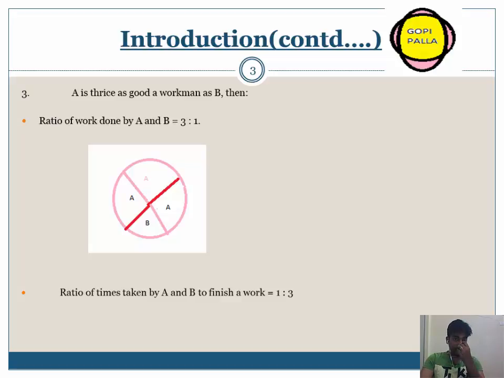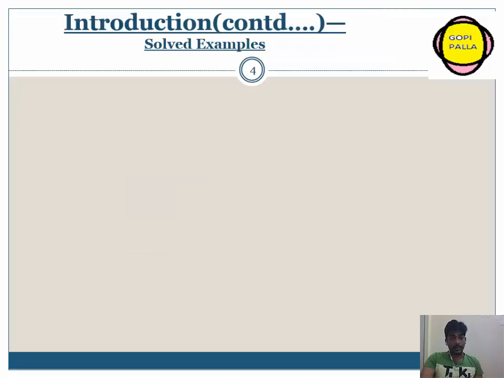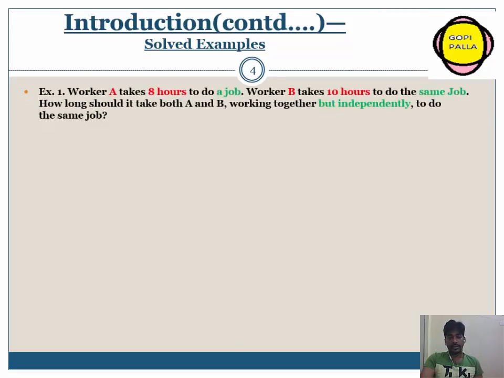The problems of time and work can be more easily understood by solved examples of R.S. Agarwal. I have taken the first example, which is pretty simple to understand. Worker A takes 8 hours to do his job, and worker B takes 10 hours to do the same job.